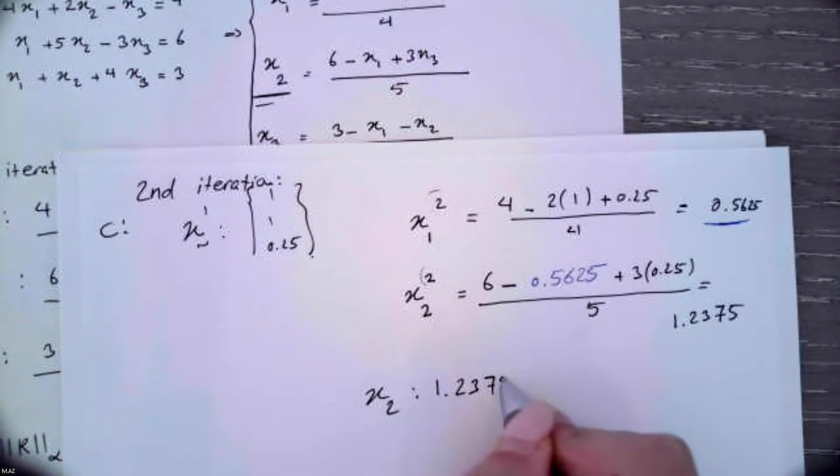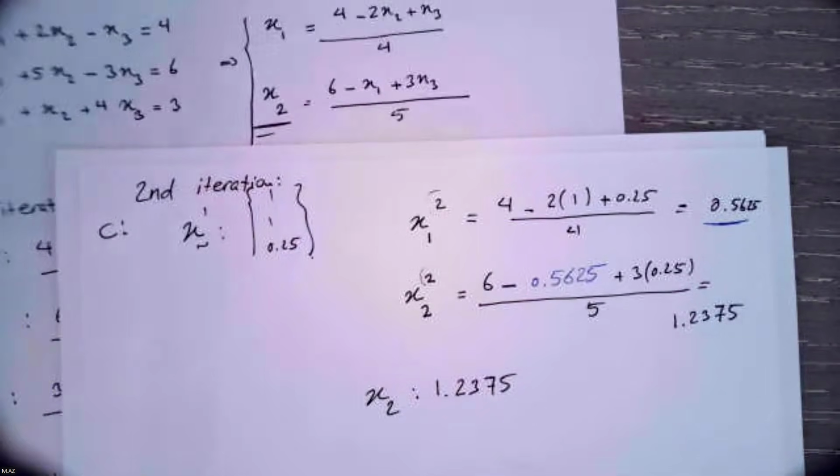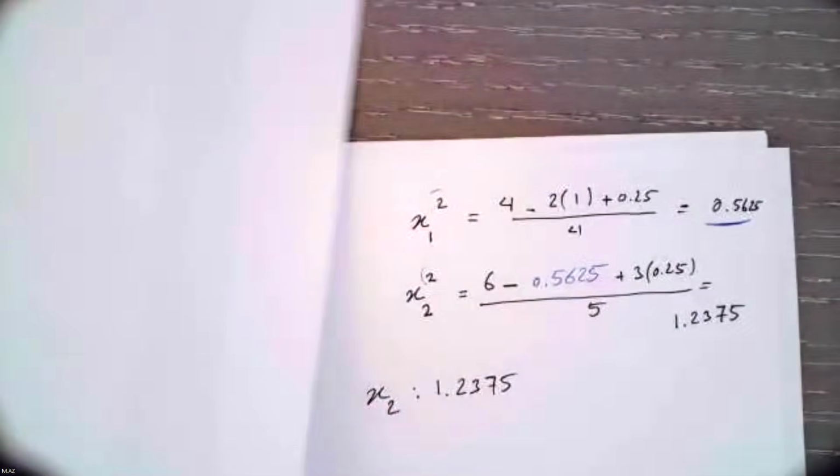Again, be careful about these methods. These methods use the most recent updated value. But about the rearrangement of the equations, look at the Jacobi method. Some parts of both methods are the same.